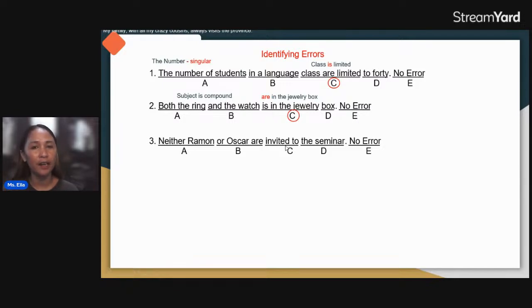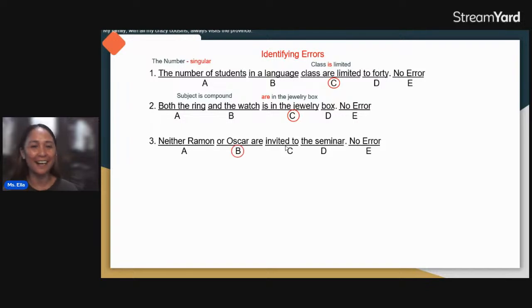Is there an error in this sentence? Okay, for number three, the correct answer is letter B.